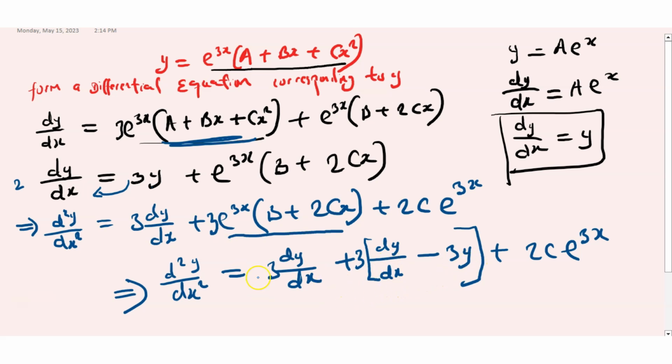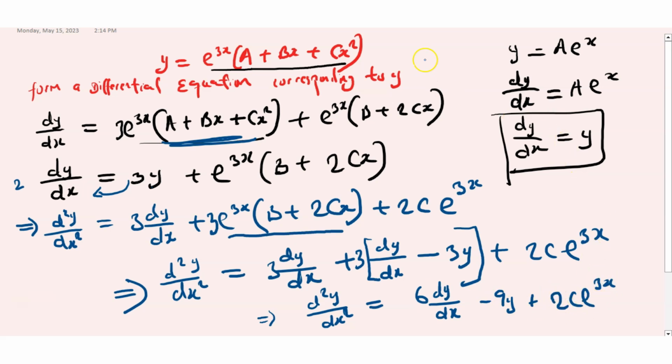And then we can obviously simplify a bit to give us d squared y over dx squared equals 3 plus 3, that is 6, so 6 dy dx. Then we have minus 9y plus 2c e to the 3x. So I will just go to the next section.